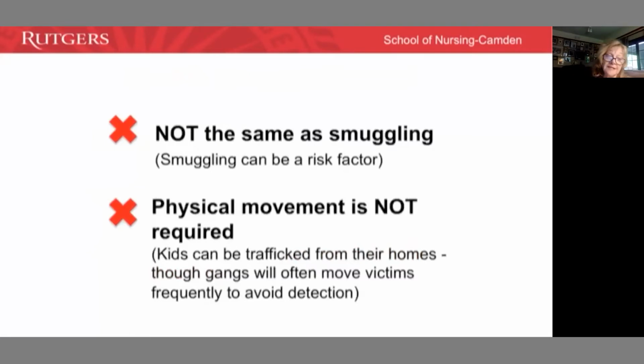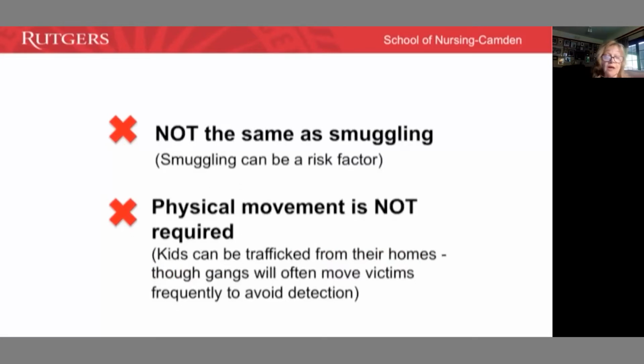In many cases, however, human trafficking does involve movement of someone. Again, if it's against their will, then that's a different story. For example, kids can be trafficked from their homes. Parents can traffic their own children. And this is human trafficking. And if gangs are trafficking young individuals, they may often move them from place to place.